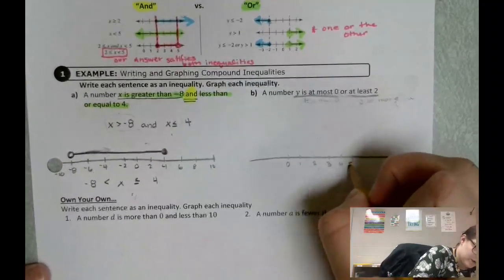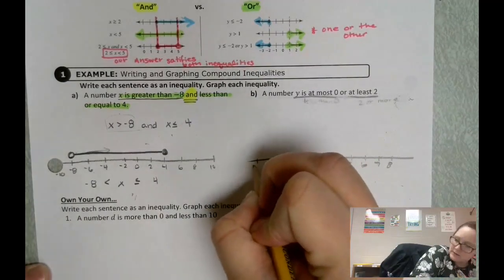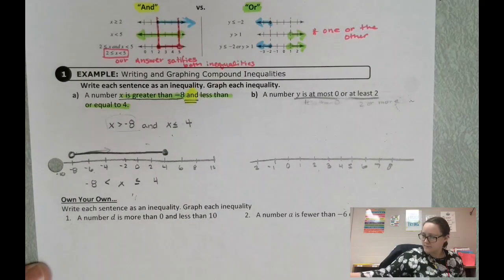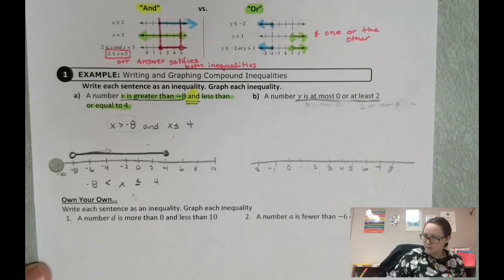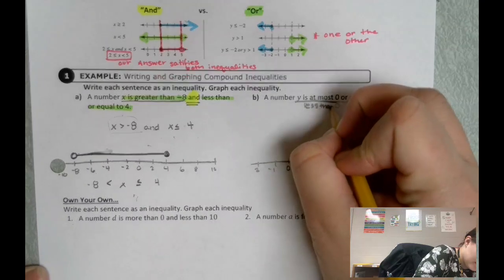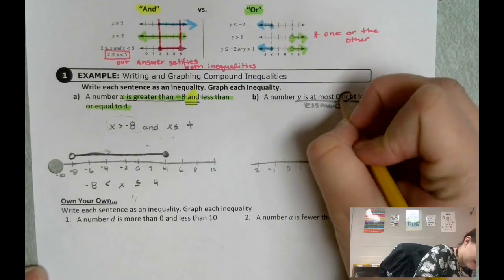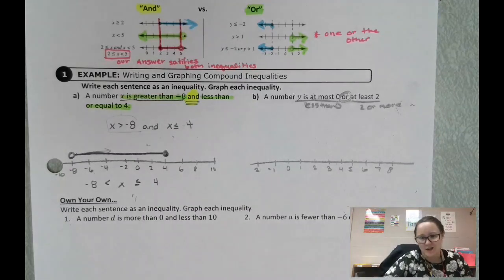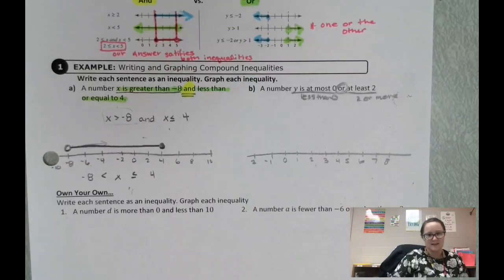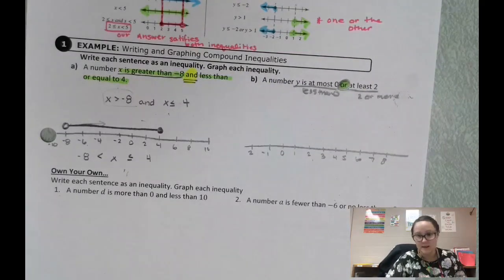But we'll just keep writing. Oh yeah, no I didn't. This is less than 0 and 2 or more. If we're looking at this, it's an or, because can we actually satisfy less than 0 and more than 2 at the same time? No, there's no number that exists.